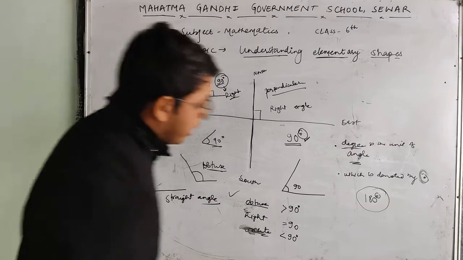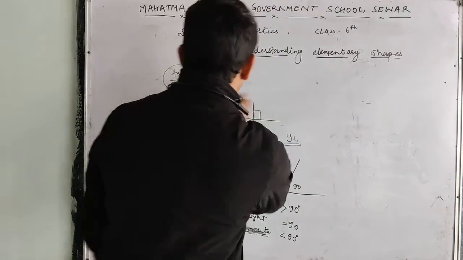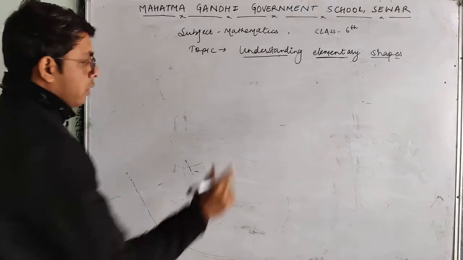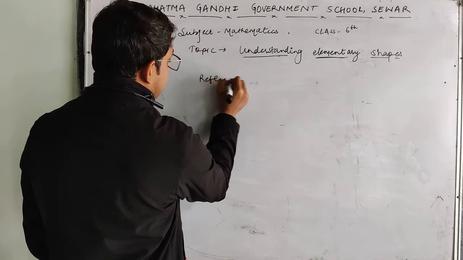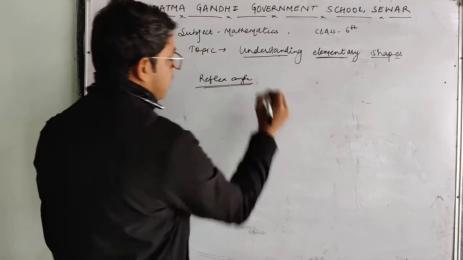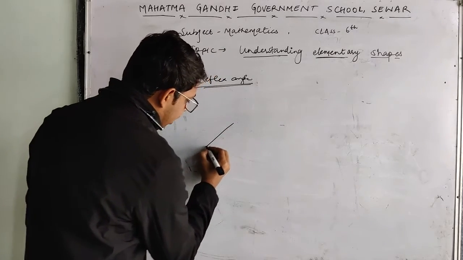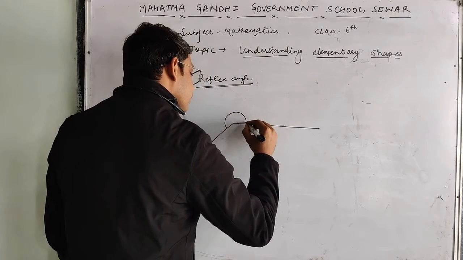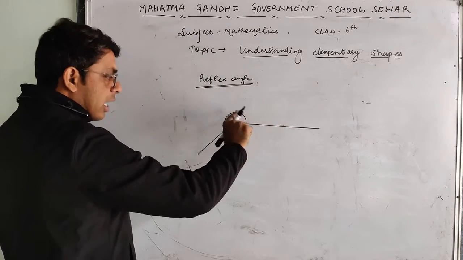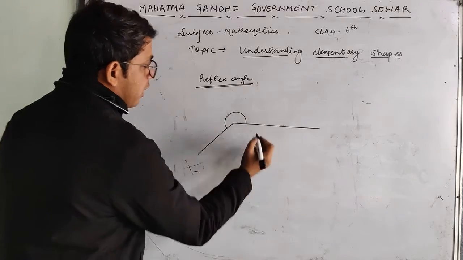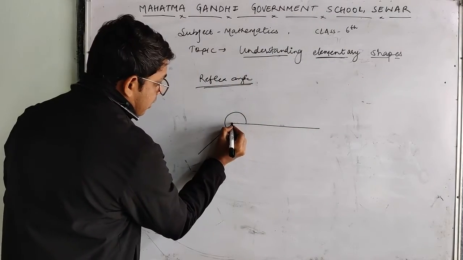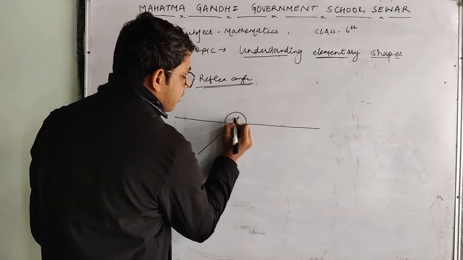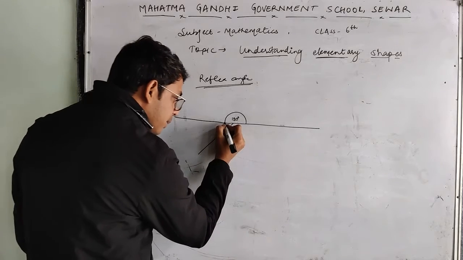There is one more angle which we are going to introduce here, called a reflex angle. If I draw an angle like this, this is the arc which we are going to measure. As I said, if I place it straight, the measurement is 180 degrees.